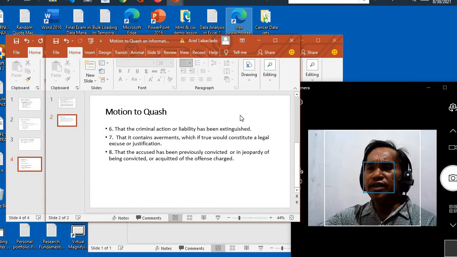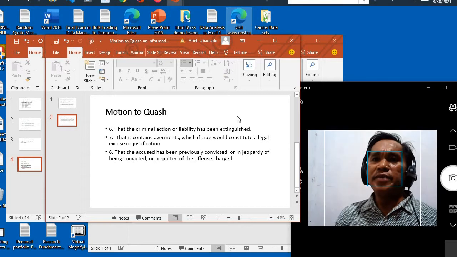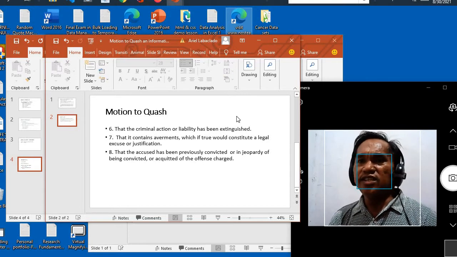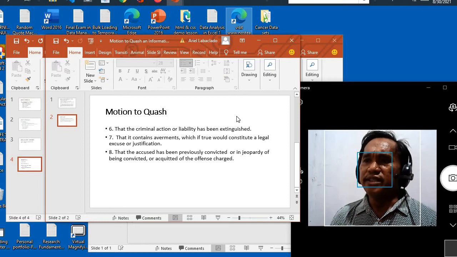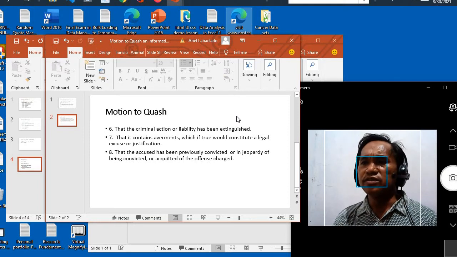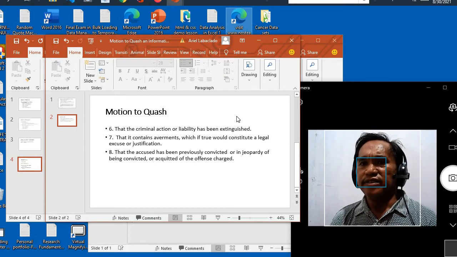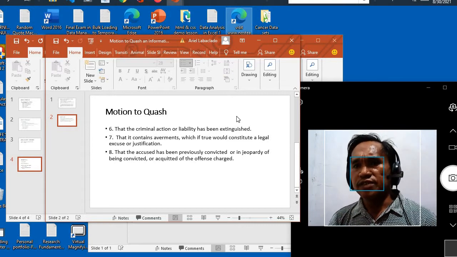Then another ground for motion to quash, that the criminal action or liability has been extinguished. So extinguished na yung criminal action or liability. If it is already extinguished, then there is no reason for filing an information. So the lawyer can move for a motion to quash.